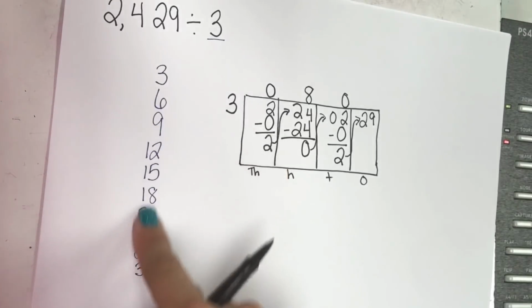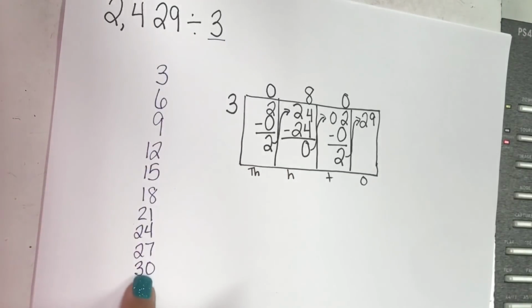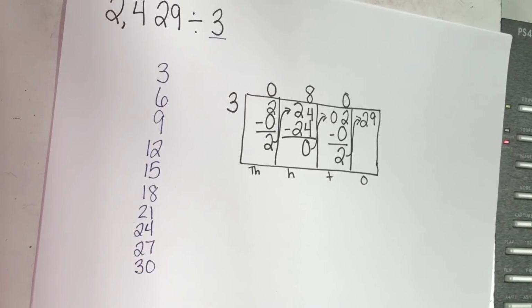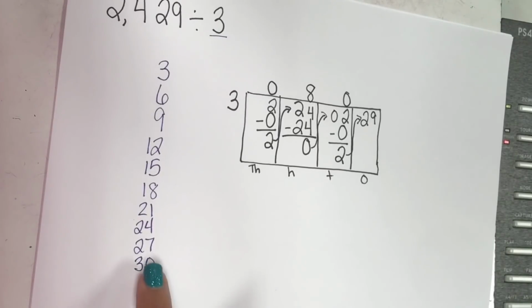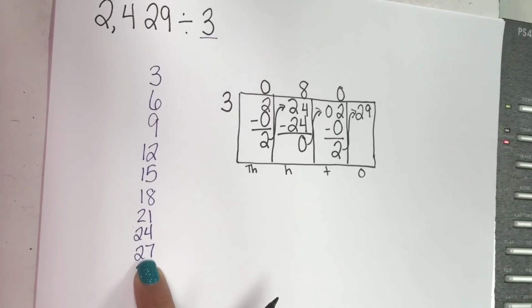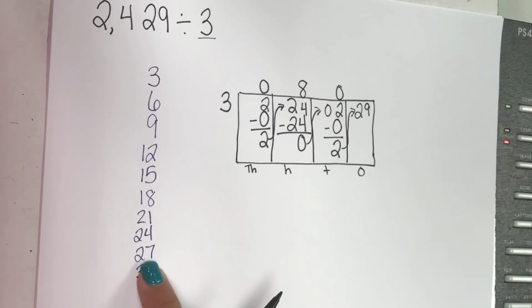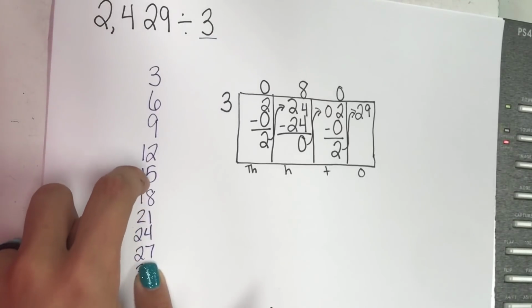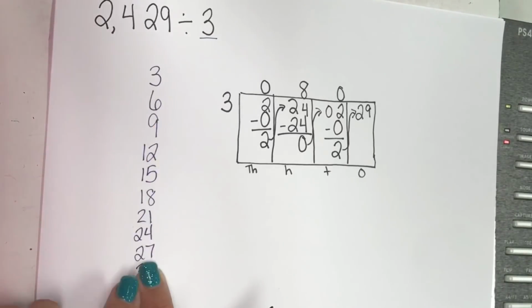So it's the first multiple of 3 that is bigger than 29. Yes, sir. 30. Put your finger on 30. How many numbers are above it? 1, 2, 3, 4, 5, 6, 7, 8, 9.